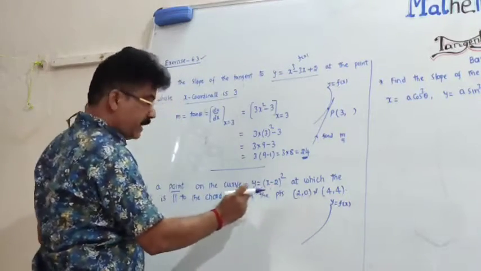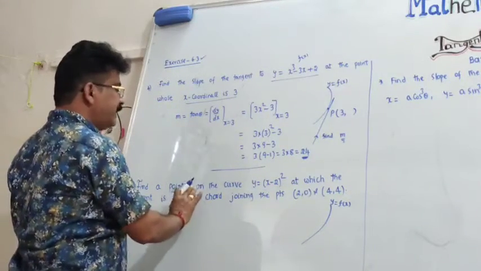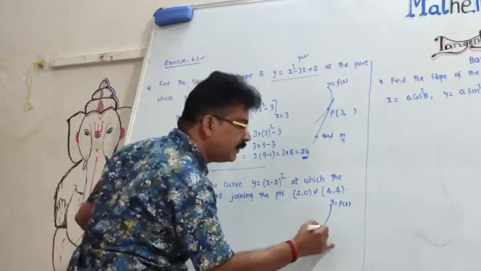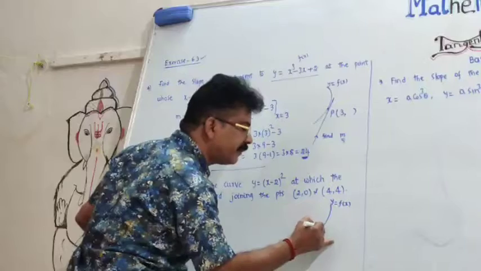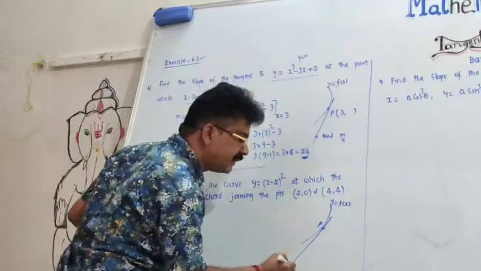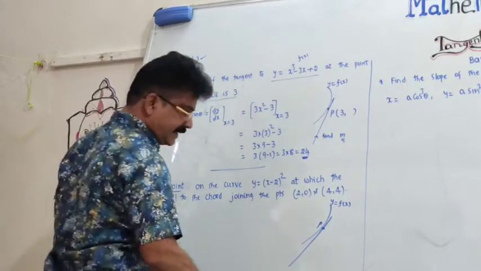One minute, you come here, this is important. Find the point on the curve y is equal to something. For example, this is the point of contact, and one tangent can be drawn like that.